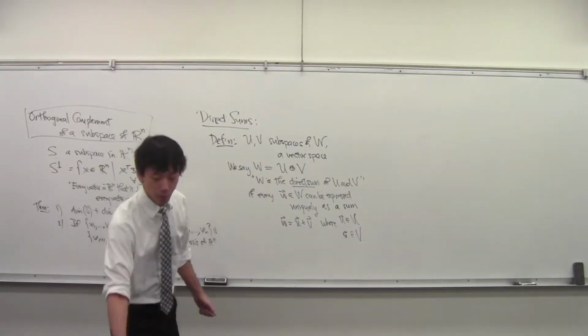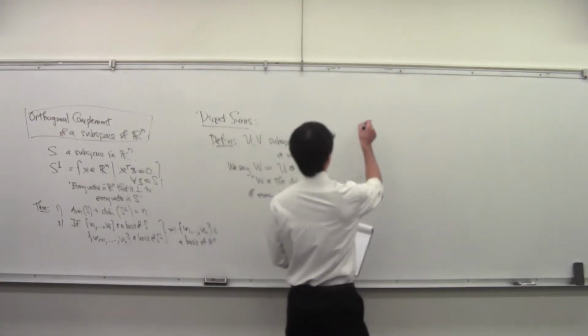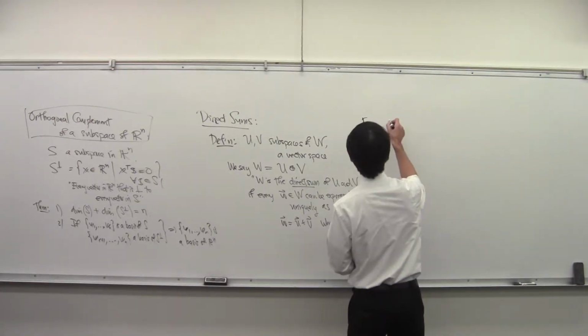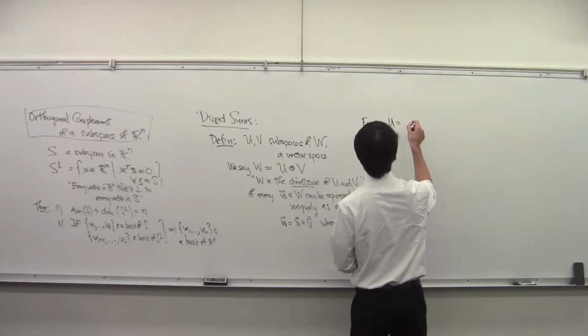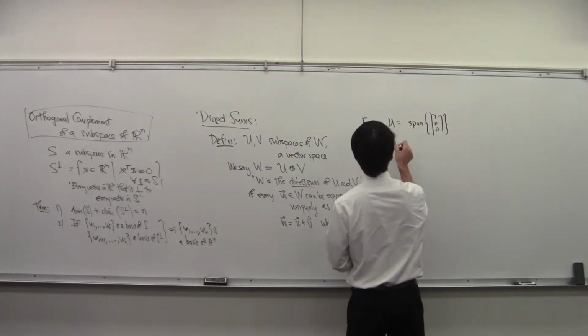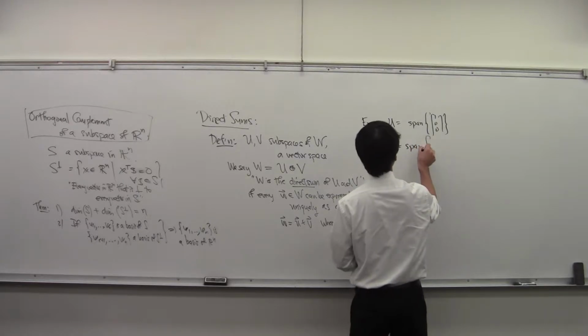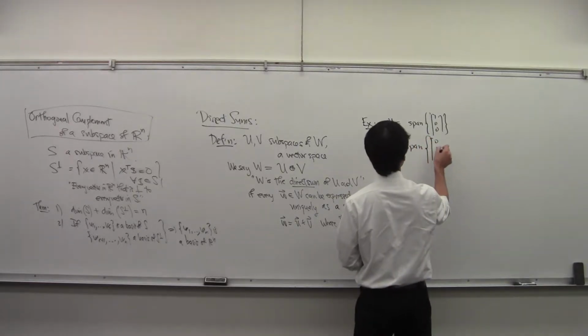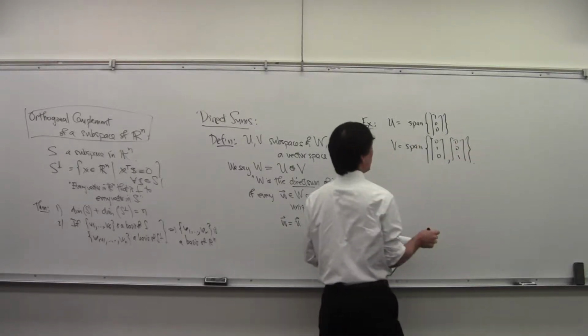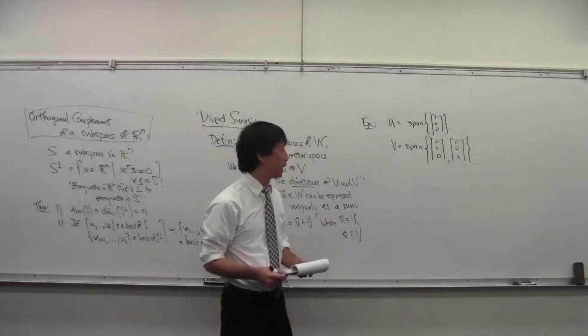Just to make it concrete, let's give an example. Let's say that U is the span of (1, 0, 0), and V is the span of (0, 1, 0) and (0, 0, 1). The x-axis and the yz plane.